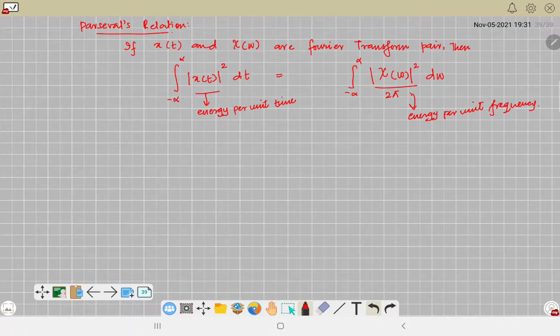And the two are equivalent. Because this has to do with energy, and again this is something you may study in communication, this factor, magnitude X of omega squared, meaning the Fourier transform of x of t whose magnitude has been squared, is often referred to as the energy density spectrum of the signal.